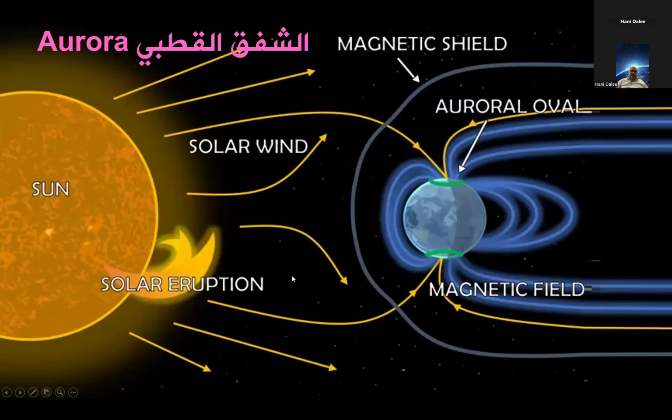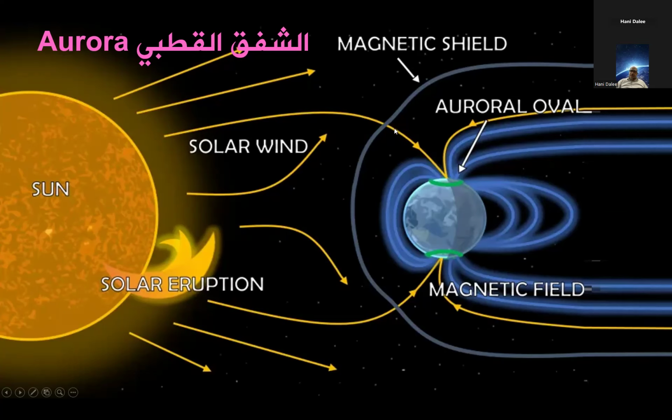Now, the sun is also sending charged particles all over the space around the sun, and they are hitting Earth, but Earth is protected by its magnetic field. These magnetic field lines don't allow the charged particles to penetrate directly.